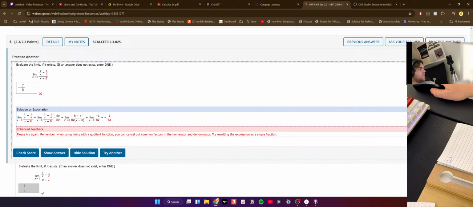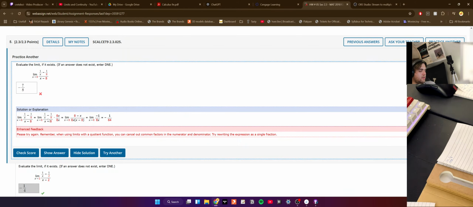That's 8 minus x, and this is x minus 8. So this is the part that's kind of throwing me for a loop. Let's see. That I can understand. Somewhat understand.